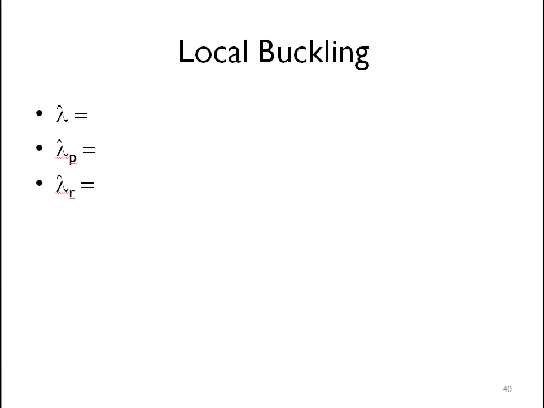So about local buckling. Local buckling is the next limit state that we're going to be discussing. When we deal with local buckling for flexural members, we're looking at 3 different categories of local buckling susceptibility. These are going to be based upon width to thickness ratios in a similar manner as how we handled that for compression members. So lambda is just our width to thickness ratio.